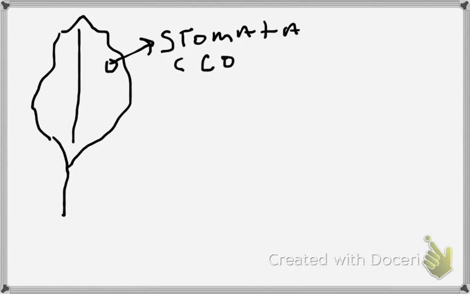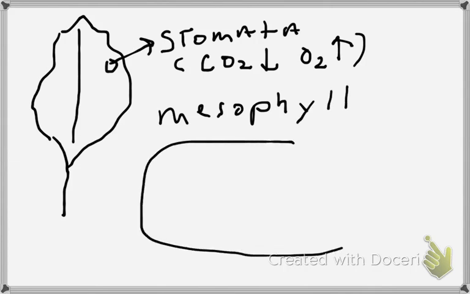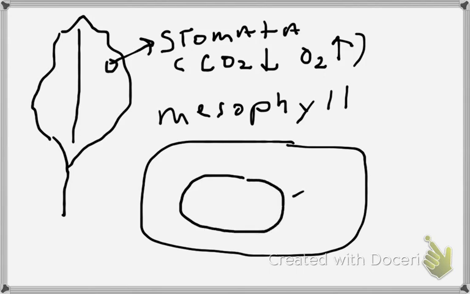So CO2 can come in like that, and oxygen can leave the plant like that too. And then underneath the surface of the leaf are these cells called mesophyll cells. So here you can imagine, here's a mesophyll cell, and inside that mesophyll cell is a compartment called the chloroplast.